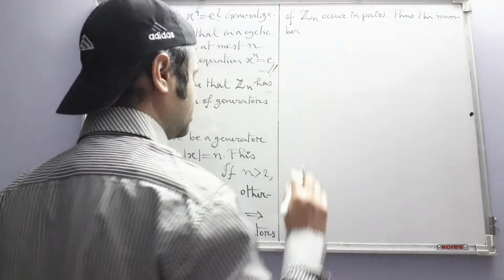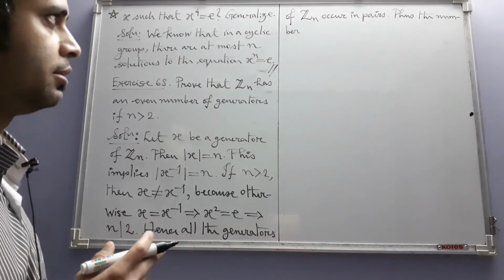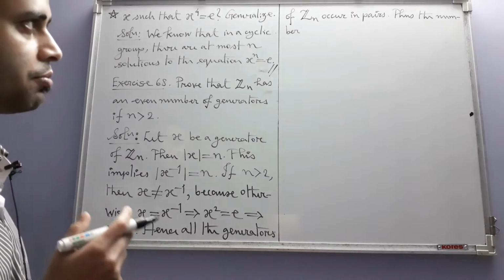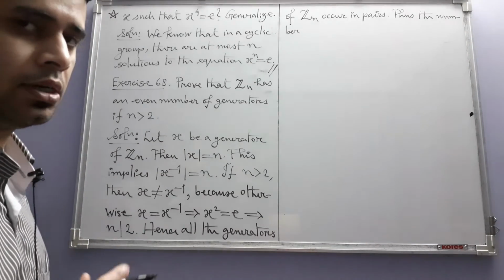The number of generators in Cn or Zn, whatever you want to call it. It is a finite group, so there will be finitely many generators, but whatever be the number, it will always be even because the generators occur in pairs.